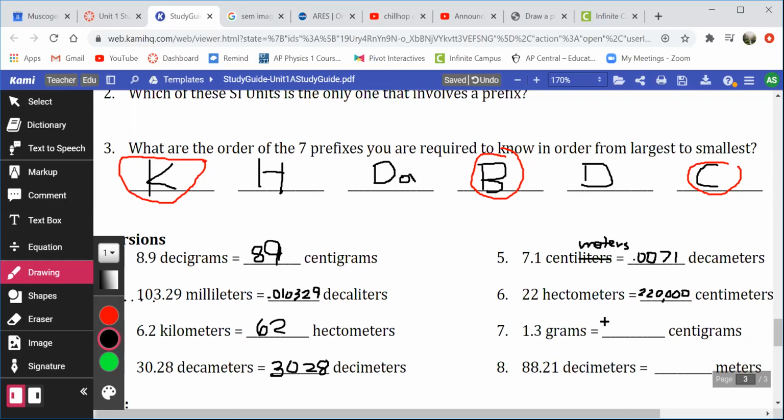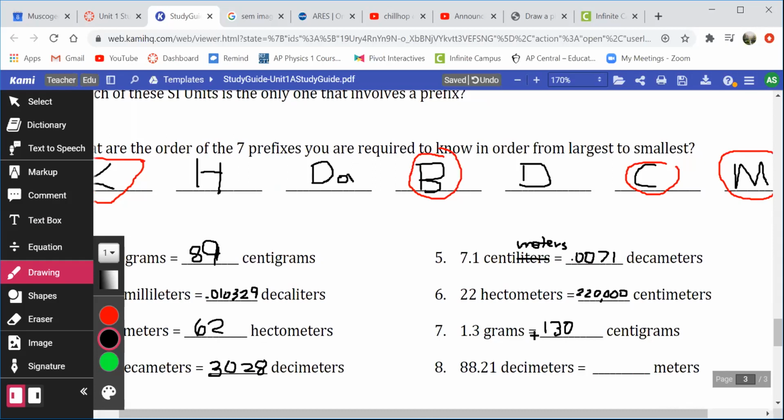130. So we're moving from base to centi, which is 2 jumps. So 2 jumps for the decimal gives us 1 more 0, and it's going to be 1, 3, 0. All righty. Now let's look at 88.21 decimeters to meters. It's 8.821.